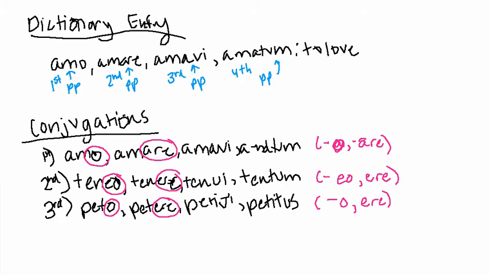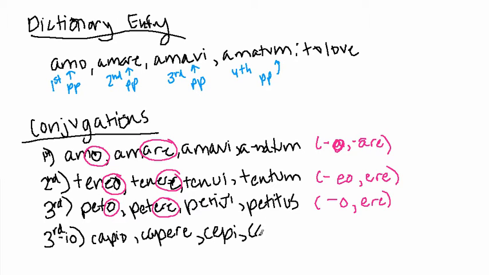And now, it isn't actually fourth as you expect to be next, but it is third io. And it turns out there's actually 5 conjugations. So I'll give you an example. Capio, capere, cepi, captus.